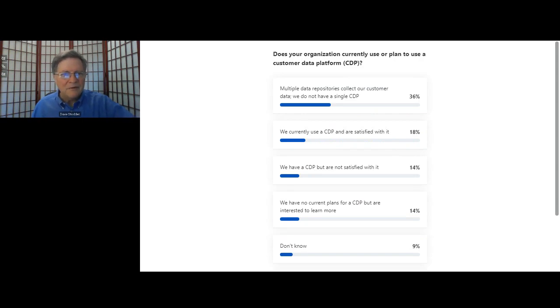So 8.3% saying they currently have one and are satisfied with it. 16.7%, so actually double that, say they have one but are not satisfied with it. So that's a note here, that lack of satisfaction with the CDP. 8.3%, so the same percentage planning to have one soon as they currently have one, but 50% say they have multiple data repositories that collect customer data and they don't have a single one.